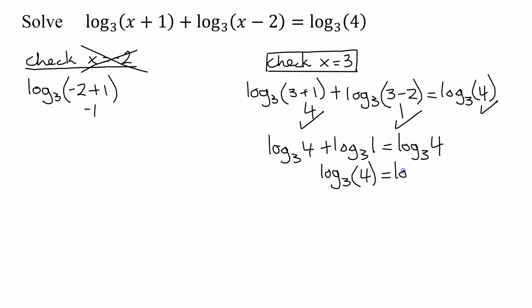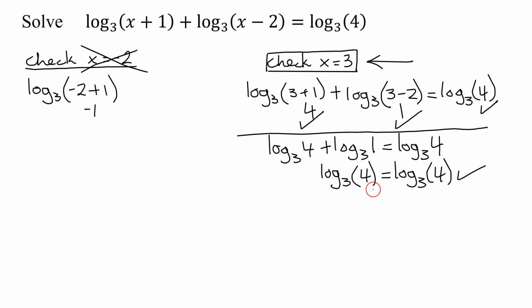Does that equal log to the base 3 of 4? That is a true statement, so I have shown that this is the correct solution. However, you don't have to prove this part down here. All you have to do is prove it is not extraneous.